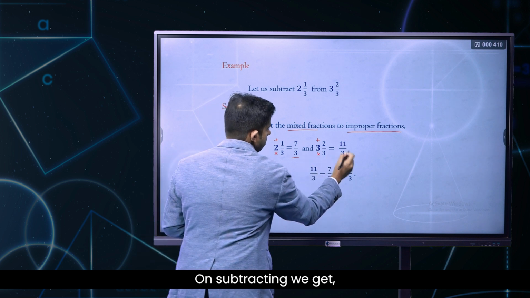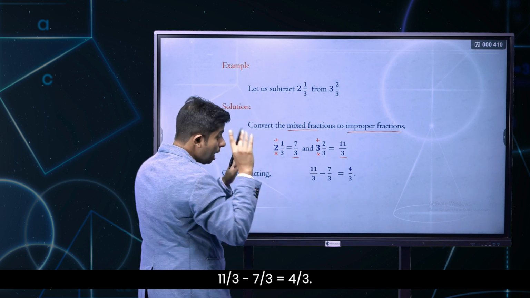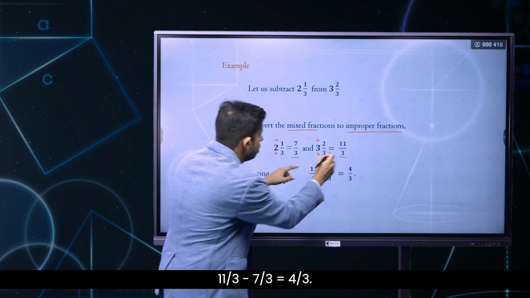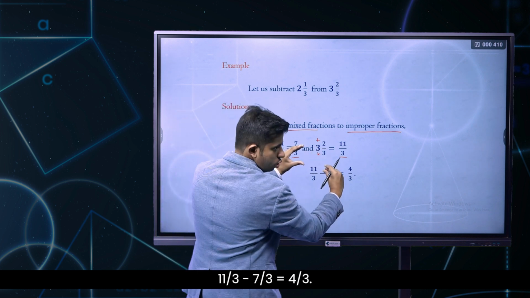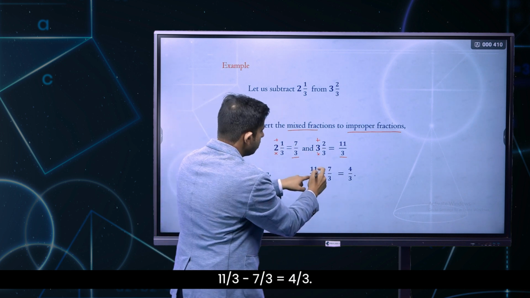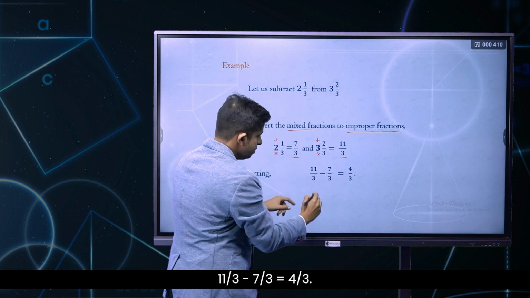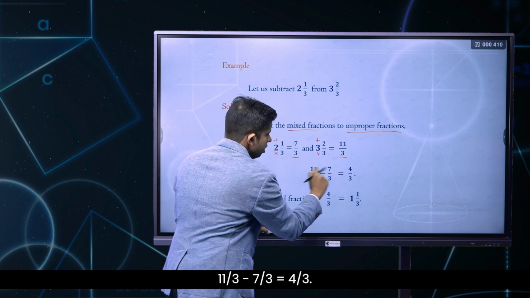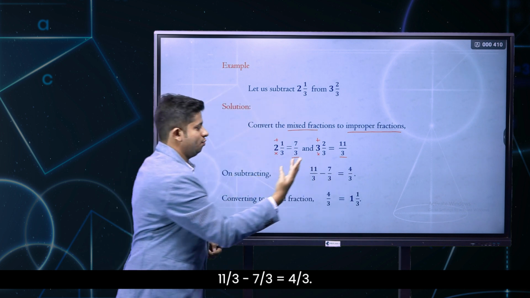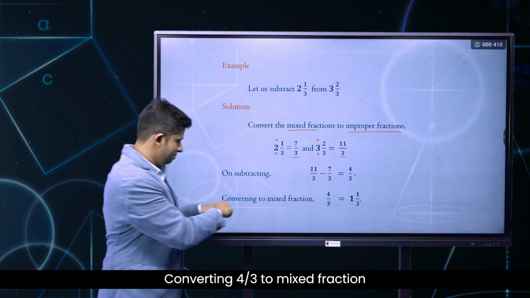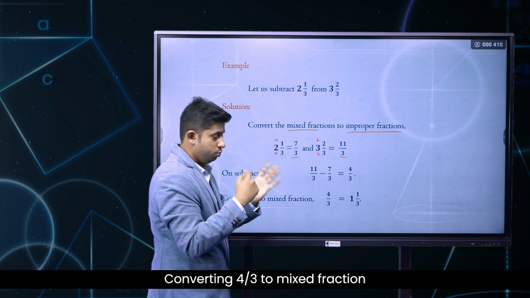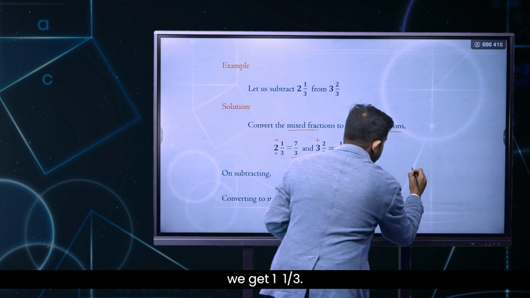On subtracting, we get 11 by 3 minus 7 by 3 is equal to 4 by 3. Converting 4 by 3 to mixed fraction, we get 1 by 3.